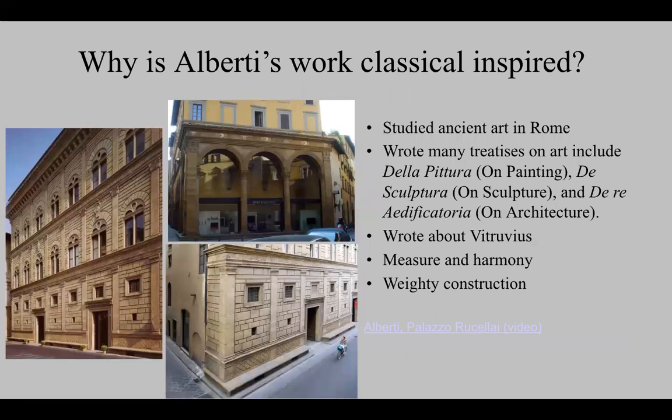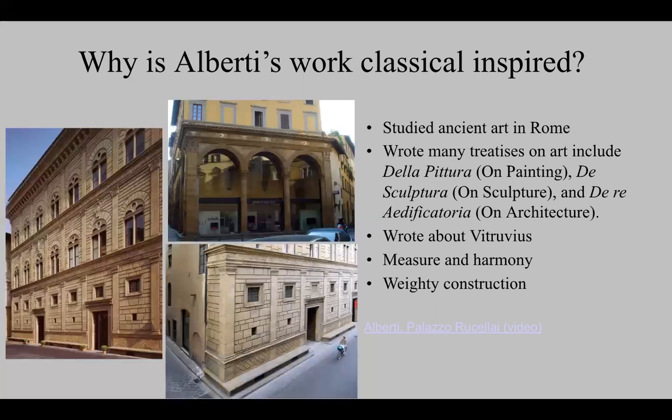So Alberti studied art and architecture in Rome, and he wrote a very important treatise. The one that's probably most connected for us is a treatise on architecture. And he wrote about Vitruvius. We've mentioned Vitruvius a few times. What did Vitruvius think was perfect? I'll give you a hint.